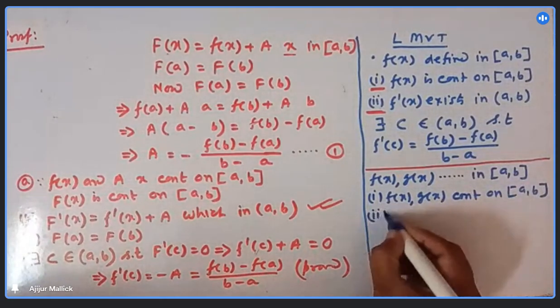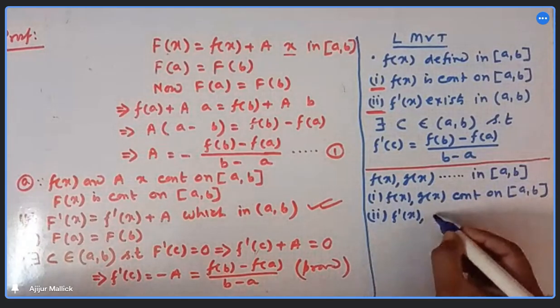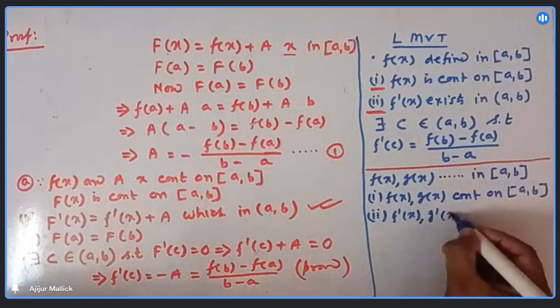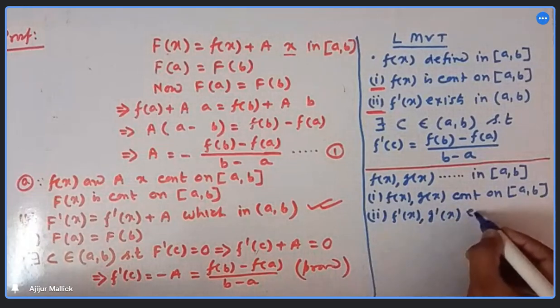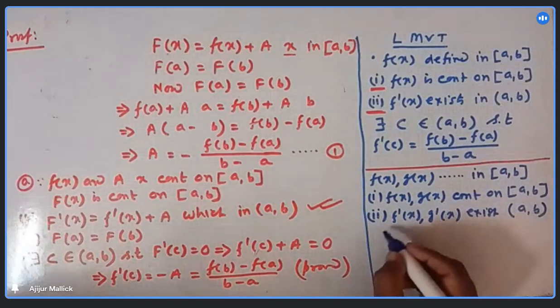Number two, f dash x and g dash x exist in the open interval (a, b).